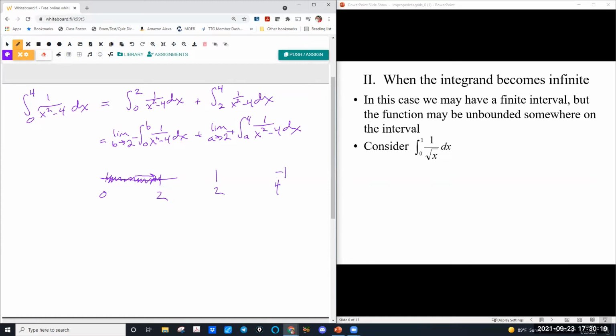I'm glad you had me do that. We only care about between 2 and 4. So we're approaching 2 from the right. So from plus, from minus. Questions about that?